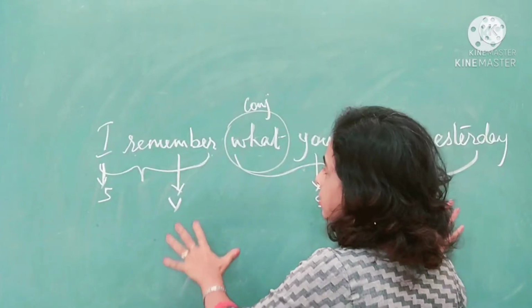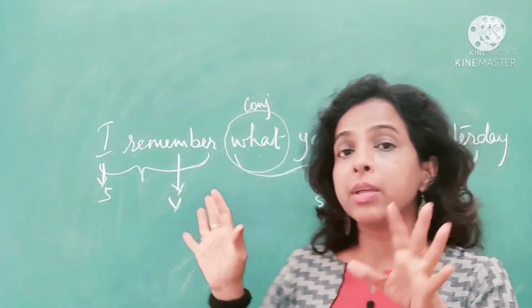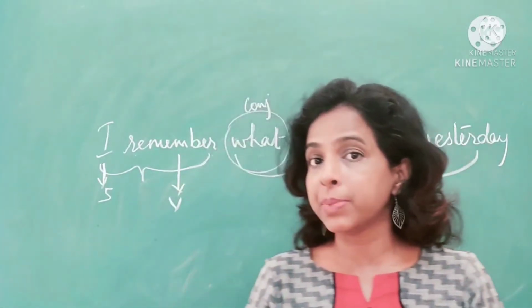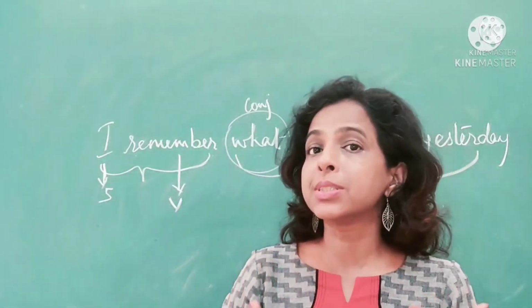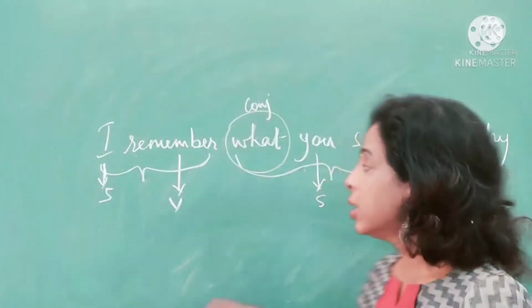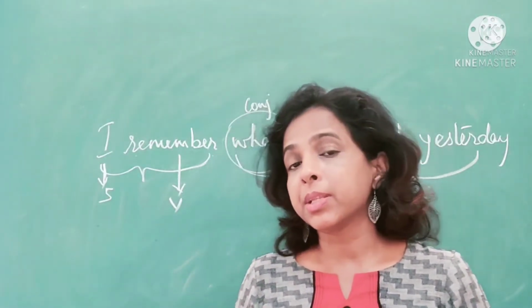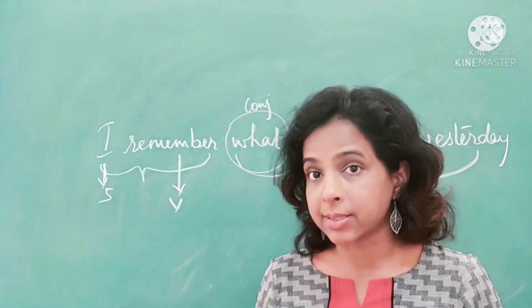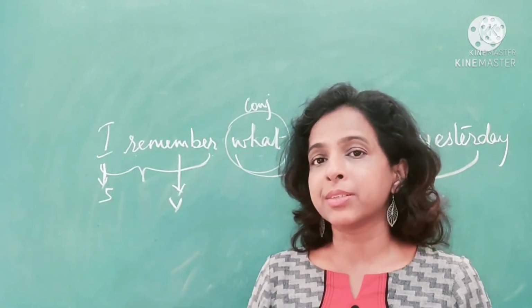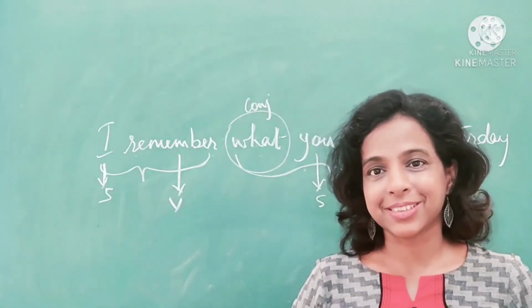So as I said earlier, clauses may or may not give information. Here in this case they do not give complete information. At the same time they are part of a sentence and when put together they make complete sense.